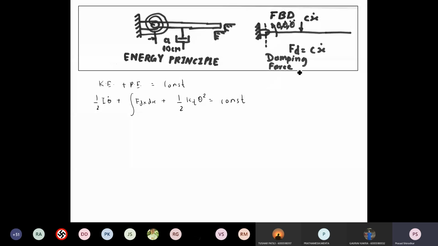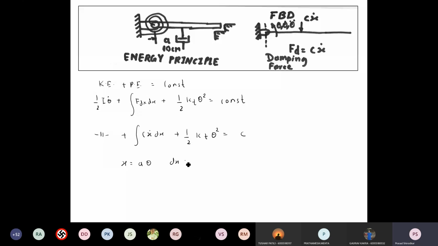The damping force is Cx dot into dx, plus half k torsional into theta square is equal to some constant.